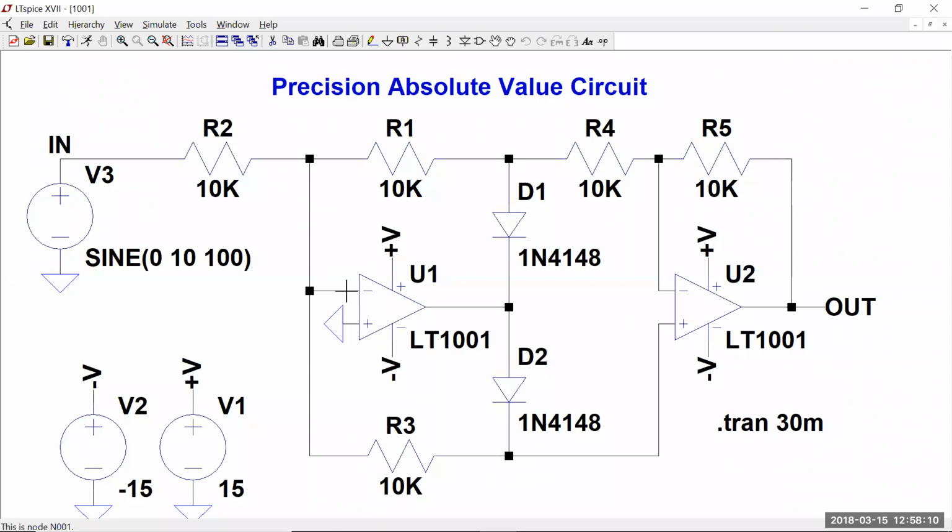Oh, well, that makes it a lot easier because now this node is at 0, right? Then I would look here and say, well, hey, if this is an input, I can do superposition. I'll tie this to 0. Hey, that's an inverting amplifier. Oh, now what about this input? Oh, I'll use superposition. Short this. Hey, it's a non-inverting amplifier. Add them together. So that's how you would puzzle it out.